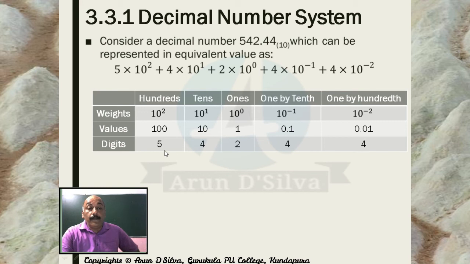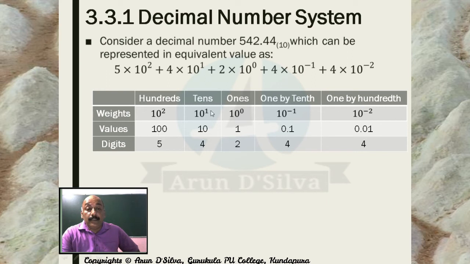Here you see, the 5 is there, the weight is 10 to the power 2, the value is 100, and the digit is 5. So this position value is 500, because 5 into 100 means 500.